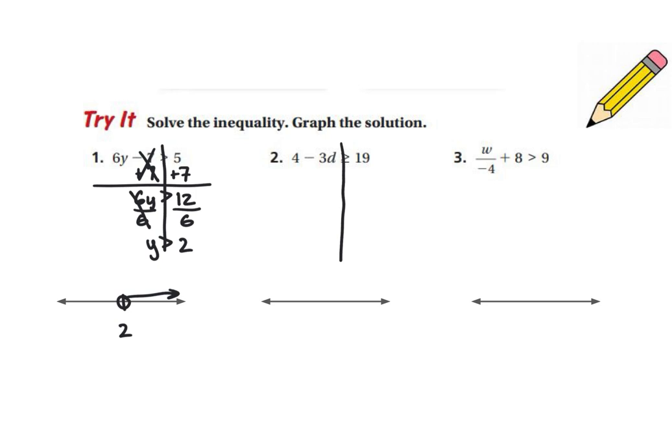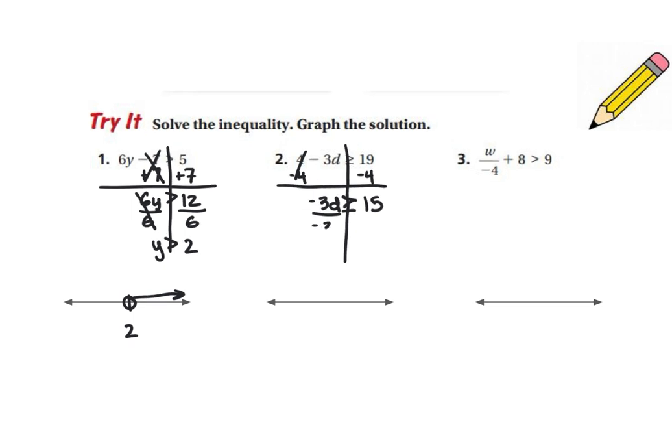For number 2, we'll take away 4 first from both sides, undoing the addition or subtraction. 4 and minus 4 are opposites, so they cancel, leaving you with negative 3d is greater than or equal to 15. To undo negative 3 times d, we would divide by negative 3 on both sides. Negative 3 over negative 3 completely cancels out, leaving us with d is greater than or equal to.